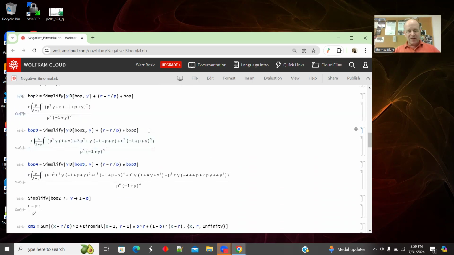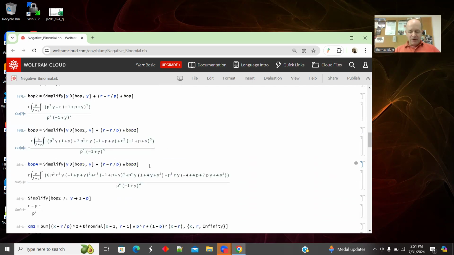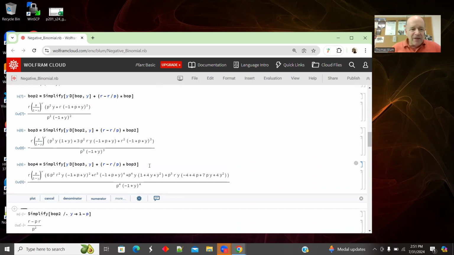So I just keep taking this operator, which includes a differentiation, and so there is my BOP3, and then here is my BOP4. So those are all in there: my second central moment, the variance, my third central moment, which will be related to the skewness, and my fourth central moment, which will be related to the kurtosis. Okay.